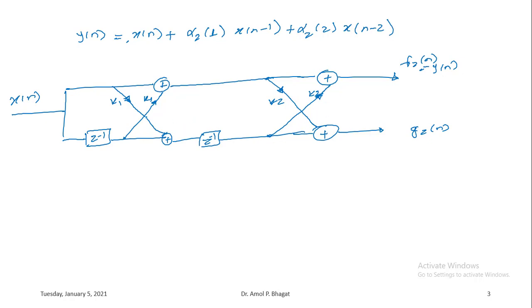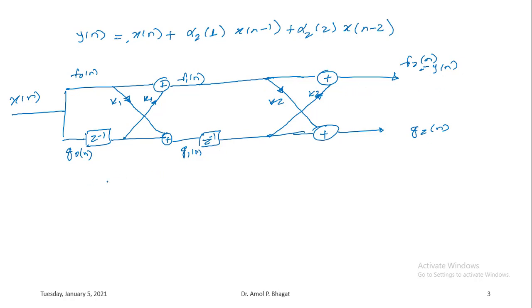So 4 adders are there, and these 4 constant multipliers and 2 delay elements are there, right? Again, you can write down intermediate inputs here. So this can be f0 of n, g0 of n. Here you can represent it g1 of n. Here it will be f1 of n, right? So this is how you can represent the two-stage lattice structure.